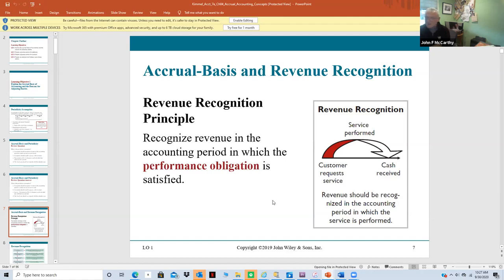So that's why in the last chapter, if we received money in advance of performing a service, we recorded a liability. We debited cash and credited unearned service revenue, a current liability. But it's also true if we perform a service that we don't have cash for yet, we debit some sort of receivable, which could be called accounts receivable or accrued revenues.